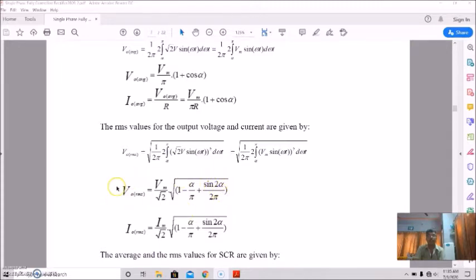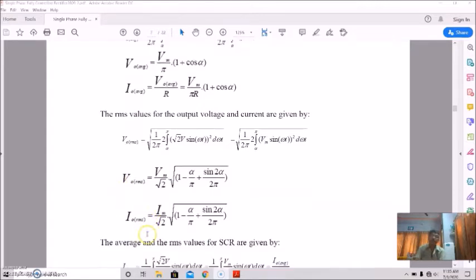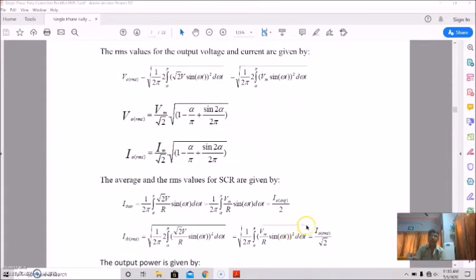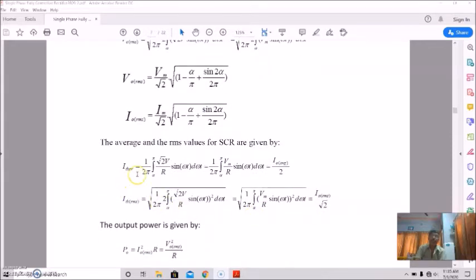This is the RMS value of the output voltage, and the RMS value of the output current will be Im by root 2 times root over 1 minus alpha by pi plus sin 2 alpha by 2 pi. That can be obtained similarly. If we divide by R, Vm by R will be equal to Im.